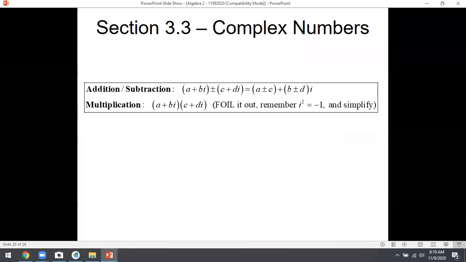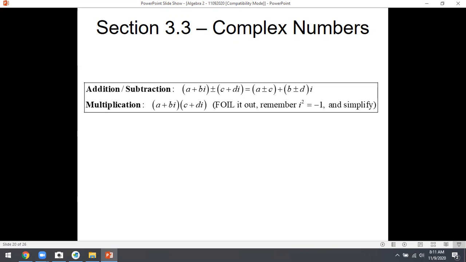Now, let's talk about how to actually do some basic operations. I'm talking about the basic four: add, subtract, multiply, and divide with complex numbers. I got a formula up here. It looks really complicated. I probably wouldn't even bother writing it down, honestly, because it's just common sense. Same with the multiplication. Basically, you're just doing what you always do with numbers.